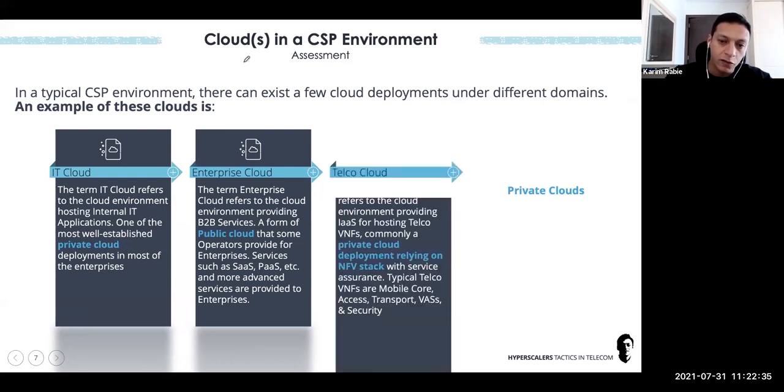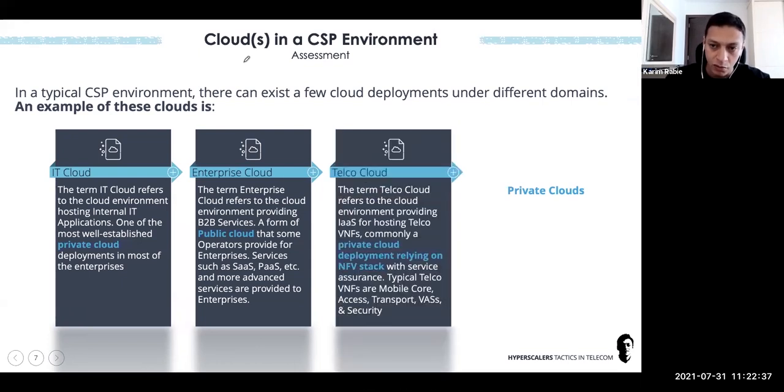And then starting from 2011 with the evolution of NFV and HC NFV, and I would say from 2013-14, the term telco cloud started to become more prominent. When someone says telco cloud, that's the cloud that is providing infrastructure as a service to host telco VNFs.